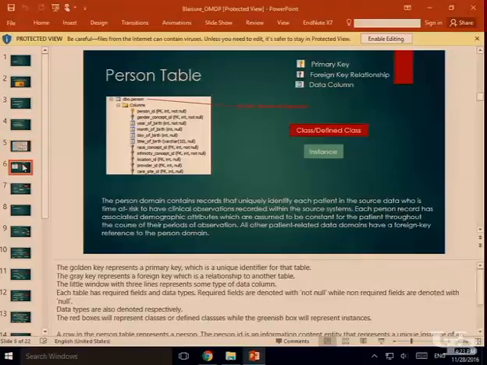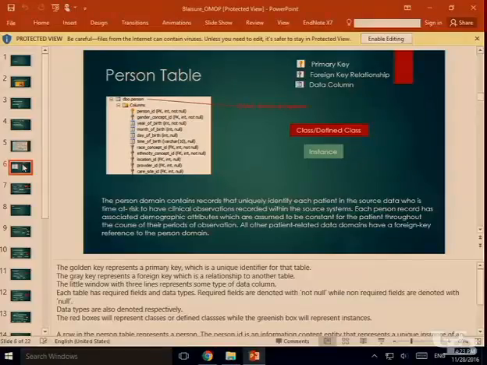So this is a person table, the structure of the actual table in the database. The gold key represents a primary key, which is a unique identifier for a row in that table. The gray key represents a foreign key relationship to another table. The little window with 3 lines in it represents some kind of data entity, whether it be a text character field or a number or something similar.